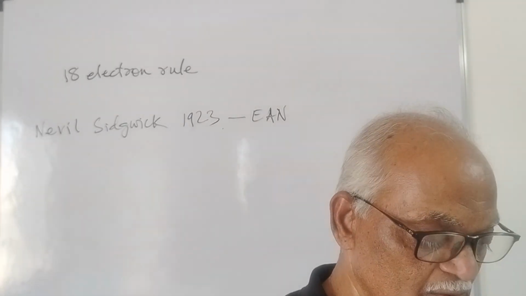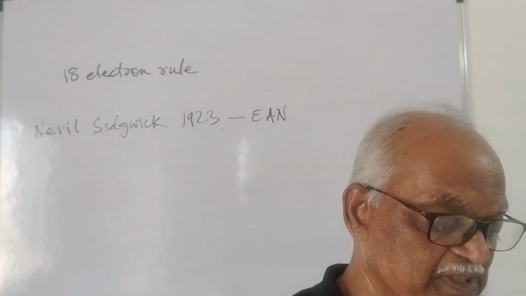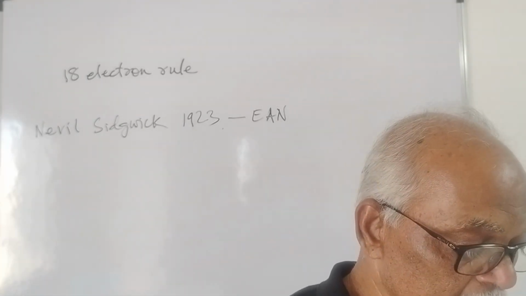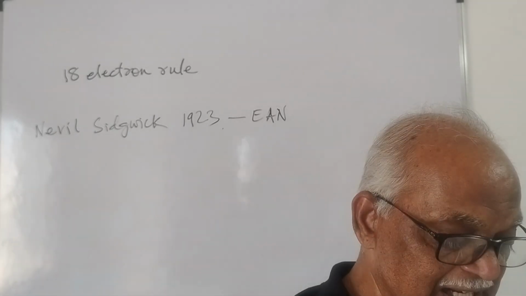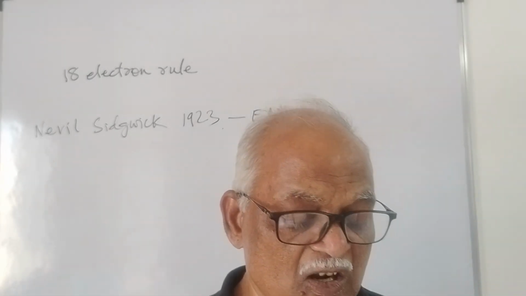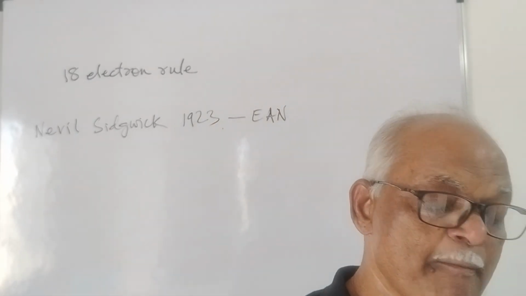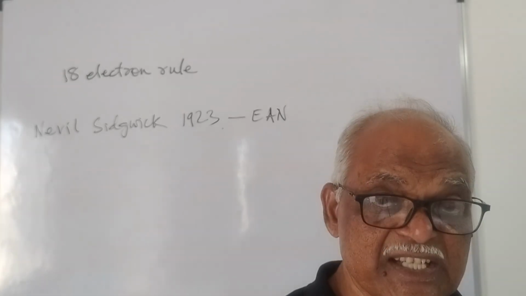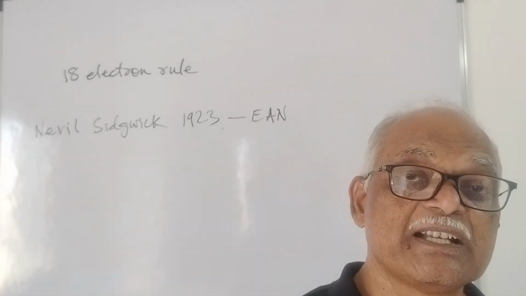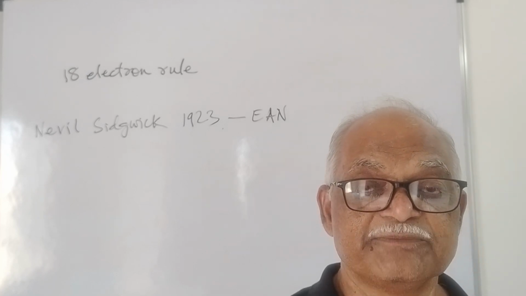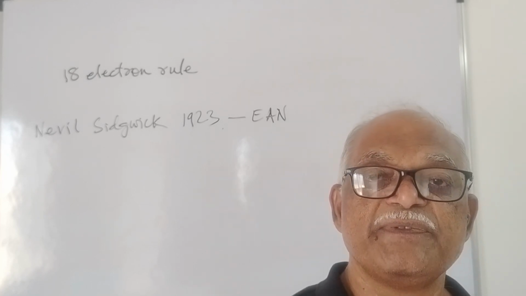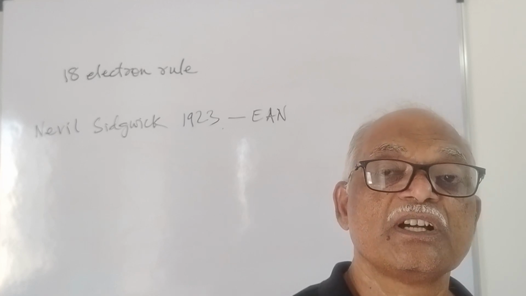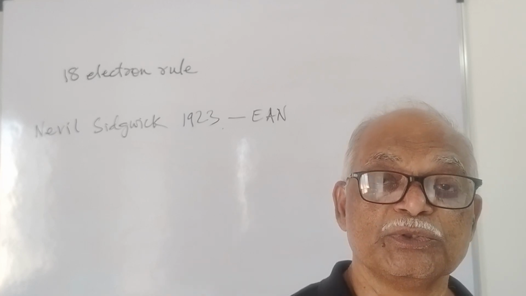This rule was popular, as we have seen, till the late 1960s, and it was applied to most types of metal complexes. But afterwards, the chemical community said that instead of using the effective atomic number, it would be better to use the 18 electron rule.